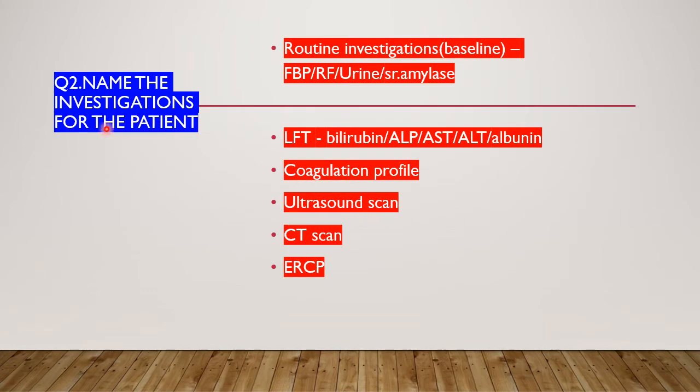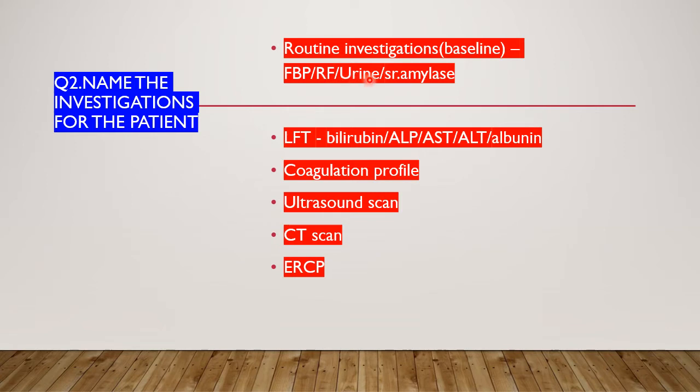Okay, so name the investigations for the patient. For the patient, we do routine investigations as a baseline, and in particular we do a full blood picture, looking especially for leukocytosis. Renal function, to look for evidence of renal failure because of hepatorenal syndrome.